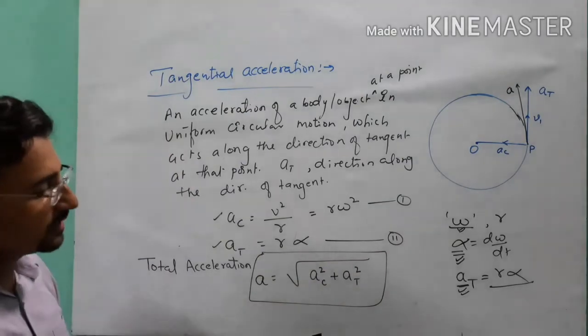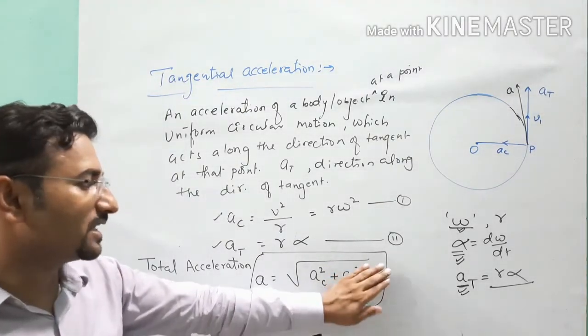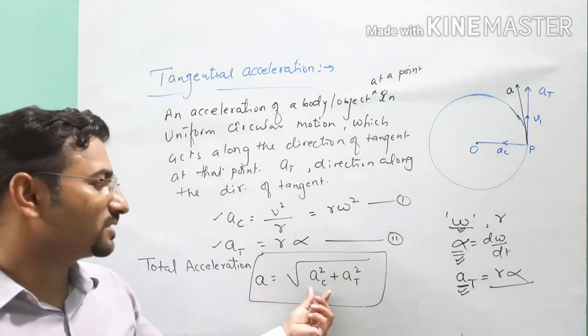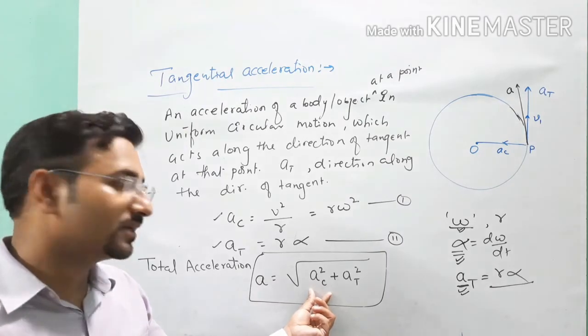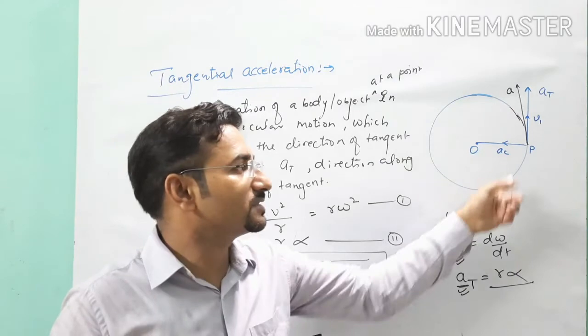Suppose in this case AT is equal to 0, suppose tangential acceleration is 0, a special case of this. At that time the total acceleration is equal to what? Centripetal acceleration, and the object will move in a circular path.